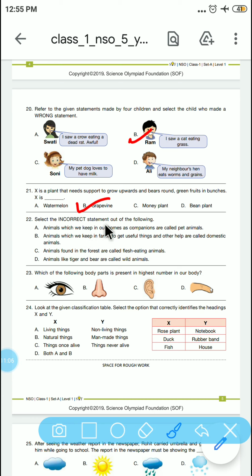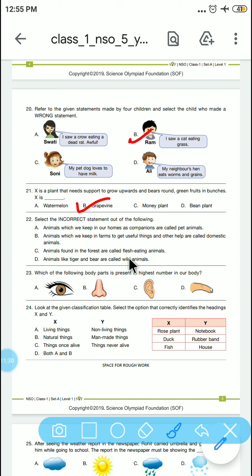Select the incorrect statements out of the following. Animals which we keep in our home as companions are called pet animals. Animals which we keep in farms to get useful things and other help are called domesticated animals or domestic animals.